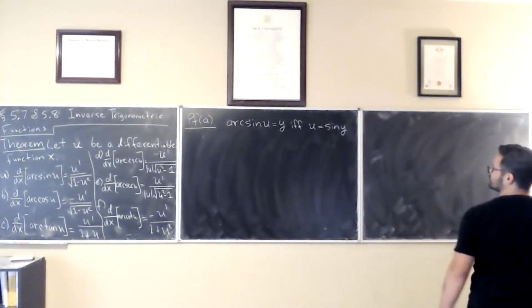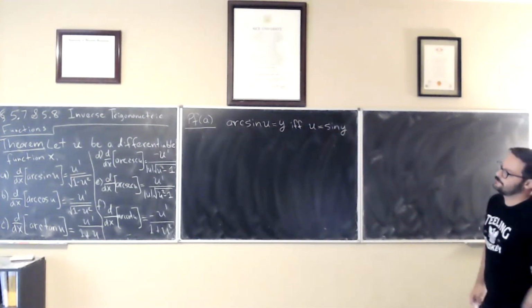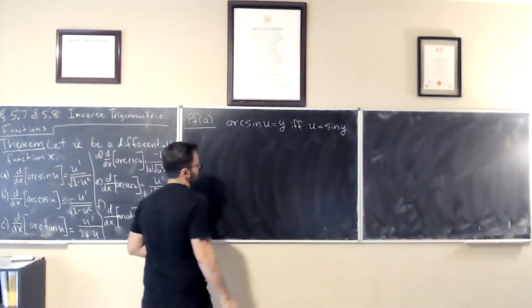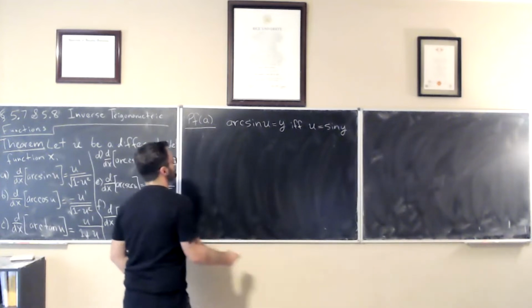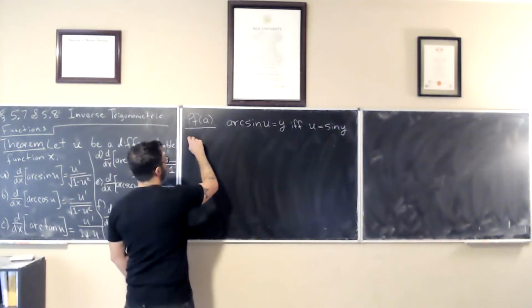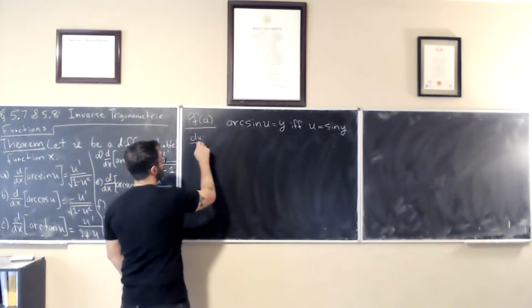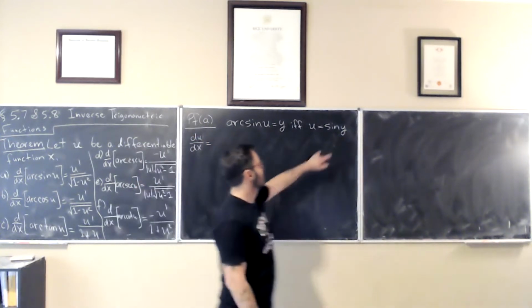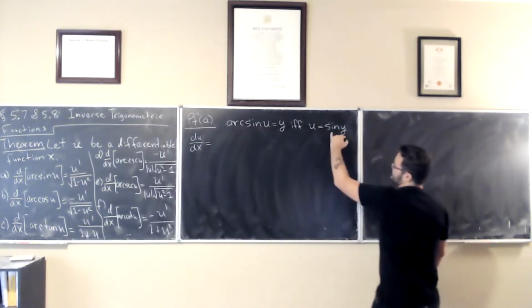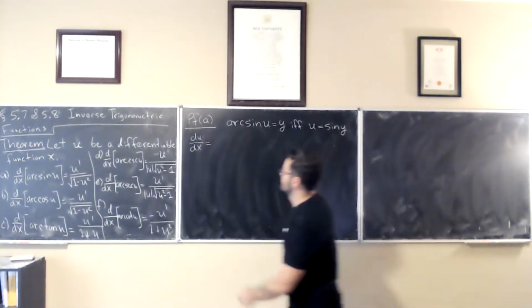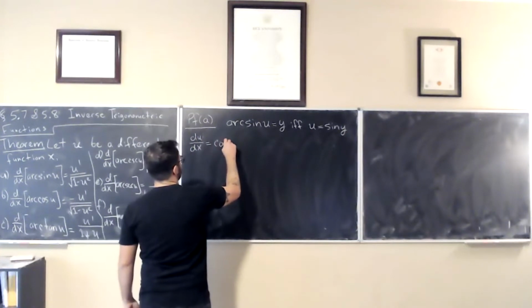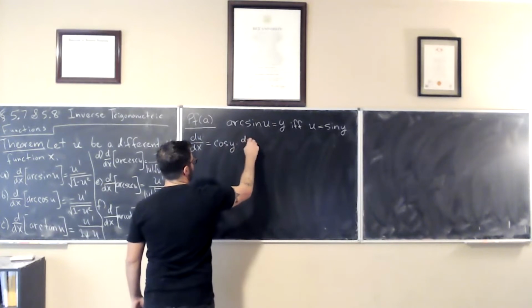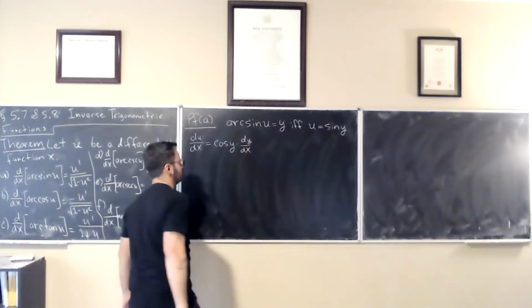That's just the definition of being an inverse. Now, we're assuming that u is a differentiable function of x. So that means that du/dx is equal to the derivative of this with respect to x. Well, we use the chain rule, and we see that that's going to be cosine y times dy/dx.